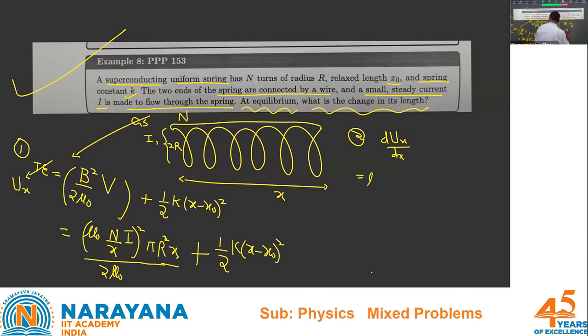So mu naught n square I square pi r square by 2, and you are getting a 1 upon x term. एक बार calculation देख लेना. All the terms are fine. So 1 upon x term was there. So comes out as minus 1 upon x cube term is there.